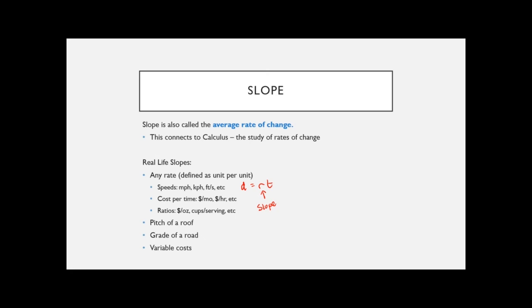Other types of slope, anything that's cost per time. So if something costs some dollars each month, like your phone bill, your salary, maybe you get paid per hour. So anything like that is considered a slope. So anything that's changing over time, those are slopes.